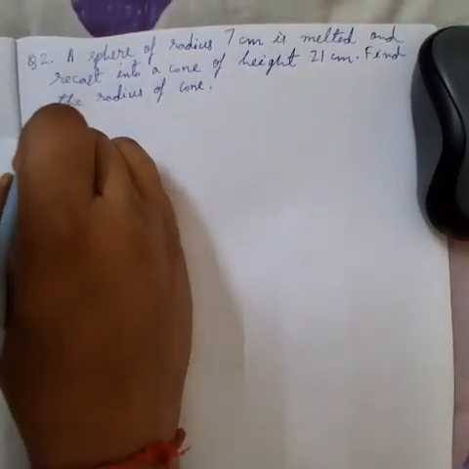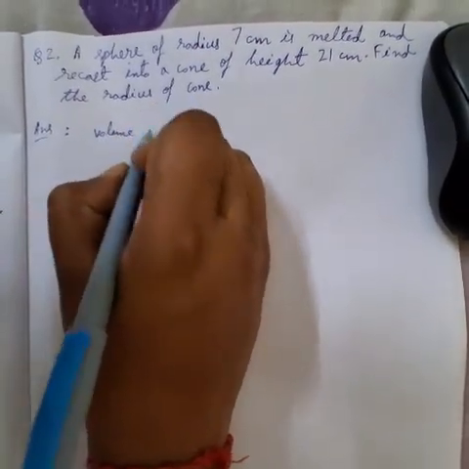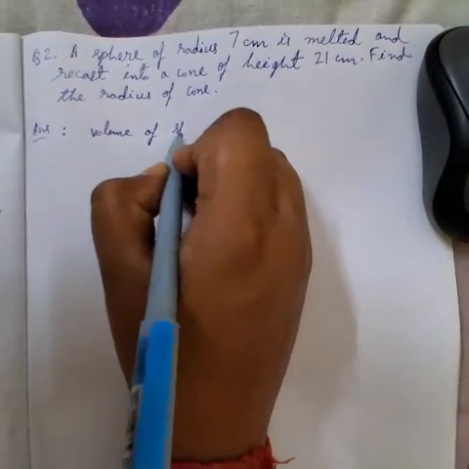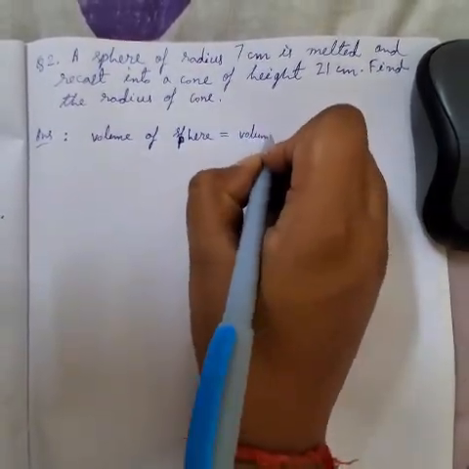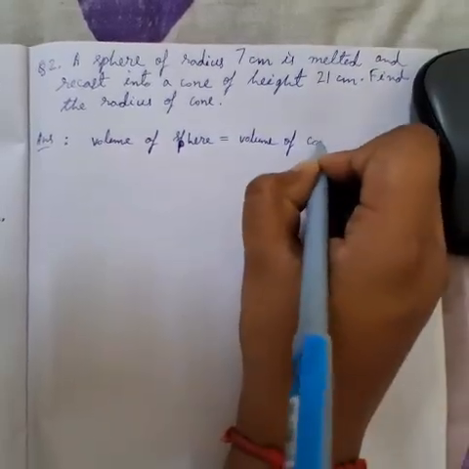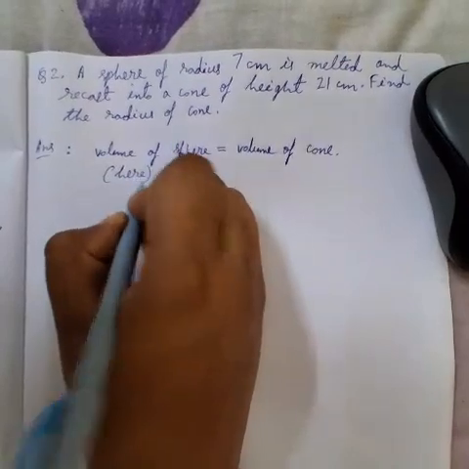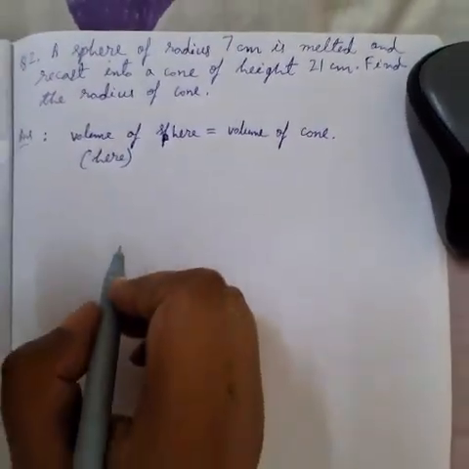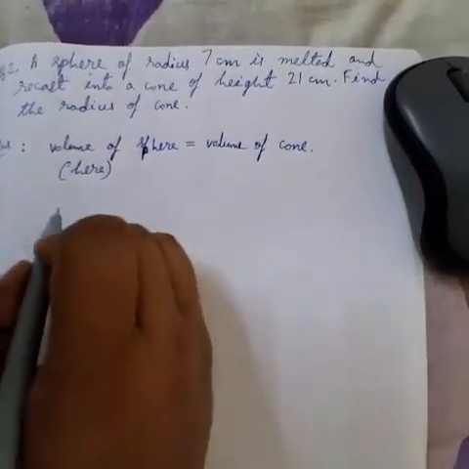So we can write volume of sphere equals volume of cone, because the same material, the same volume, is melted and cast into a cone.